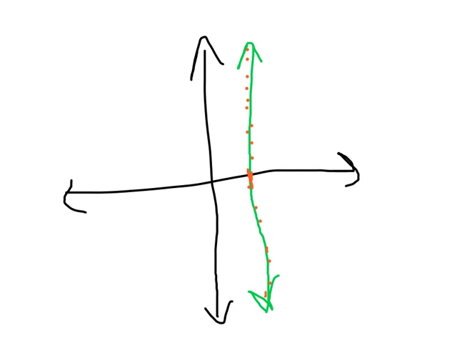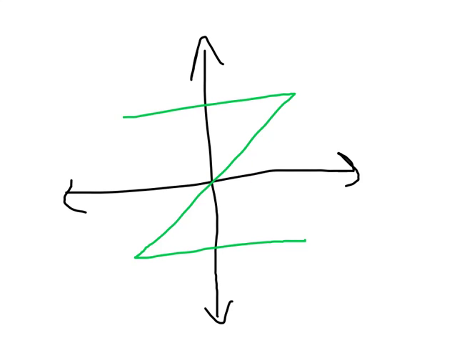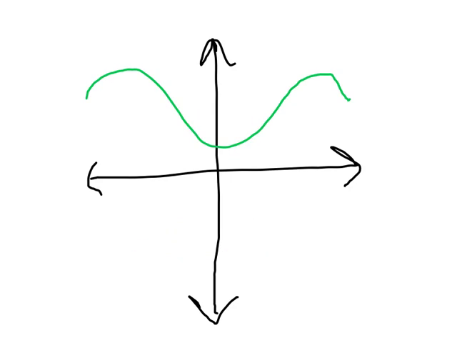It is the only line that is not a function. Is this a function? No, because for some of these x values you have three y values. This one, and this one. Is this a function?